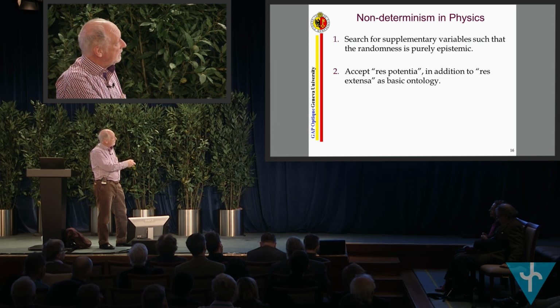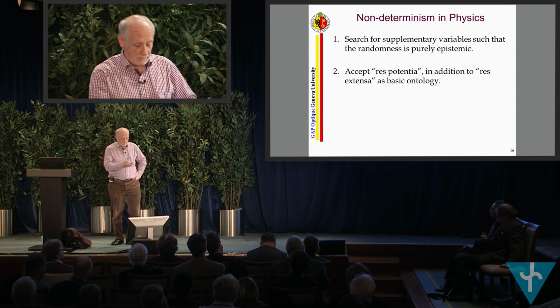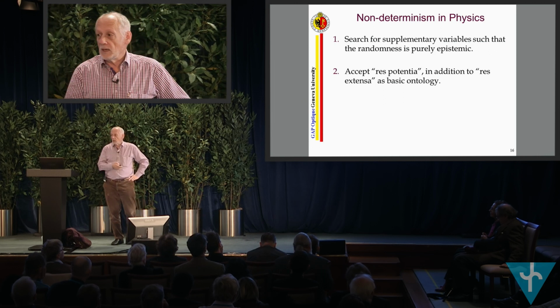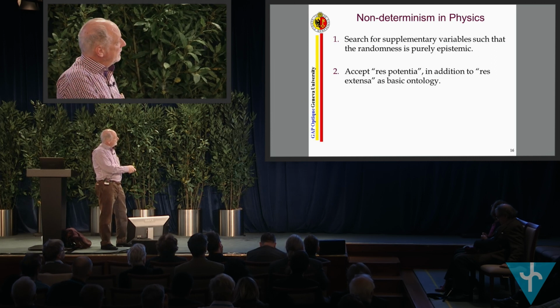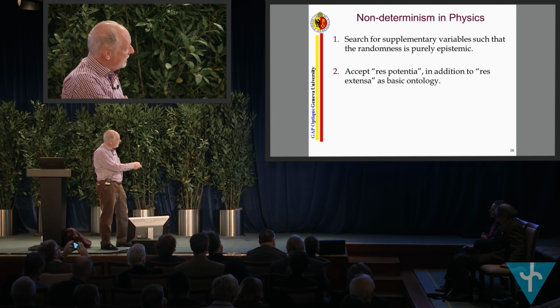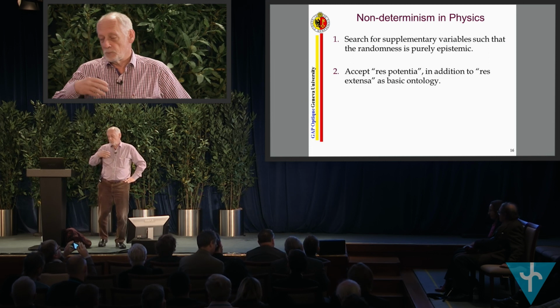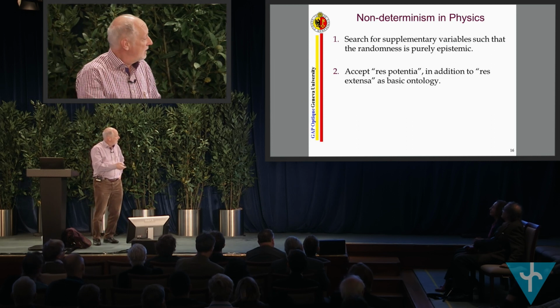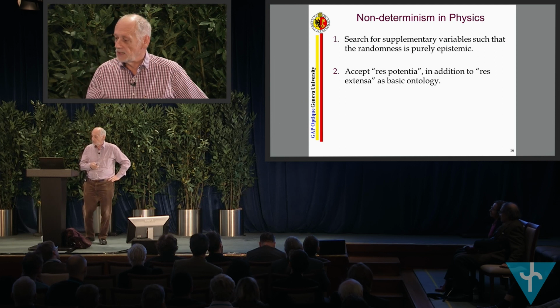By ignoring these supplementary variables, you get the randomness. That is certainly one way of proceeding. A second one is to accept the idea that besides the res extensa, Descartes' res extensa, you really have res potentia, so potentialities or dispositions or propensities, to use Popper's terminology.